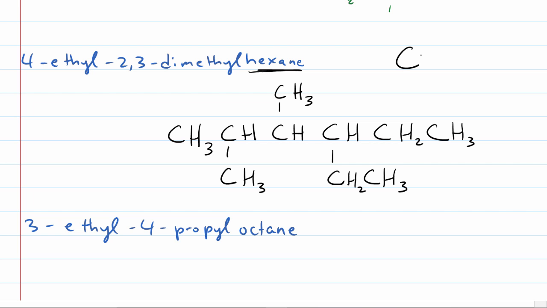If we count the number of carbon atoms in here, we have 1, 2, 3, 4, 5, 6, 7, 8, 9, 10. So we have 10 carbon atoms. How many hydrogens should be in here? 22. There should be 22 in there because remember that the number of hydrogens is 2n plus 2. So 2 times 10 is 20, plus 2 more gives us 22.